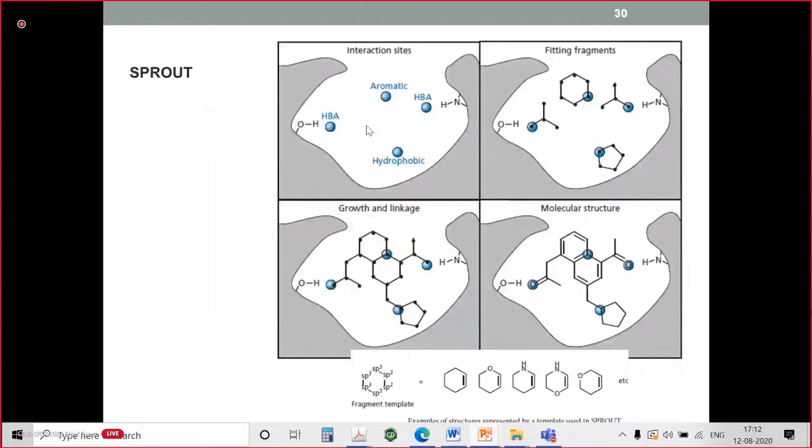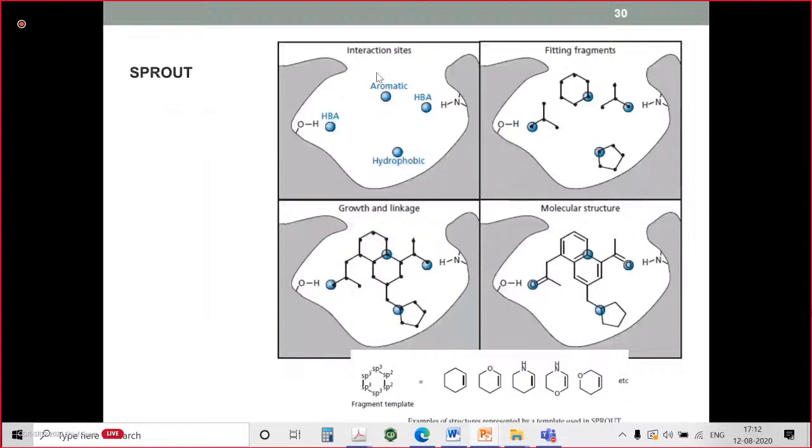So for example, if we have the hydrogen bond donor, then we will be putting the hydrogen bond acceptor, and that hydrogen bond acceptor could be the oxygen. So we will be putting the sphere which is mimicking the oxygen over there. And then that will be grown in other areas.